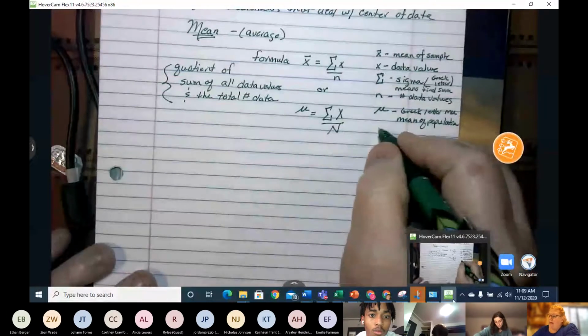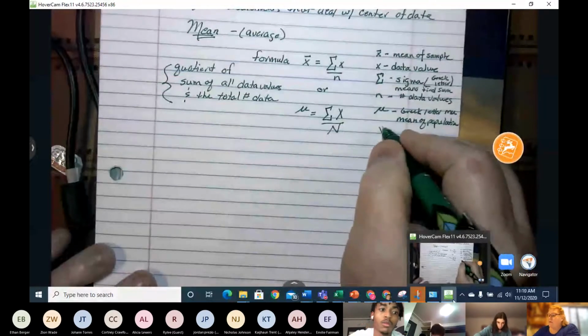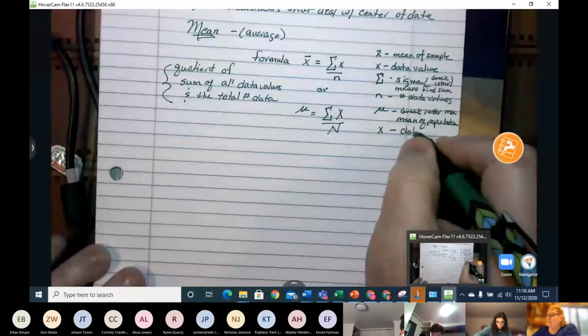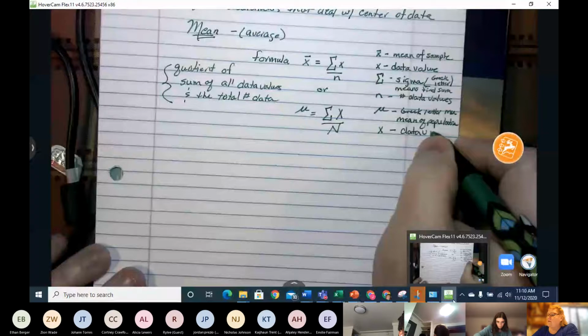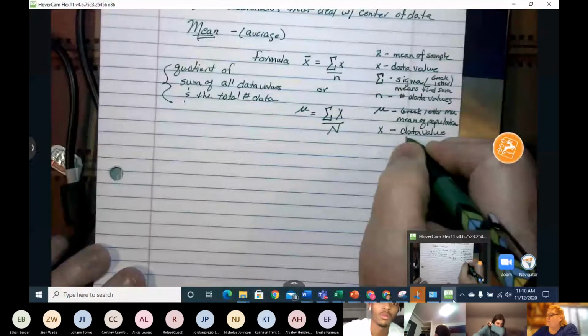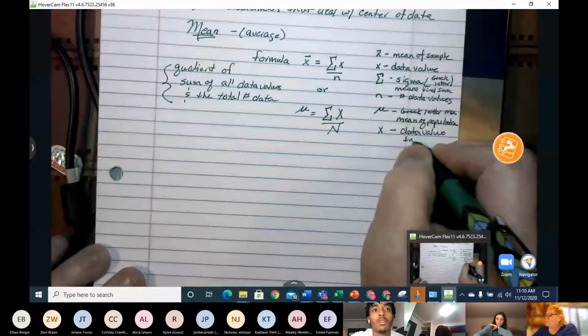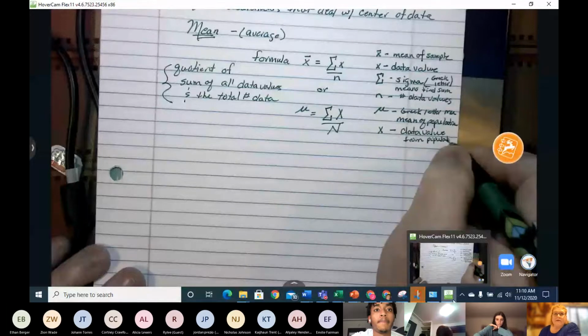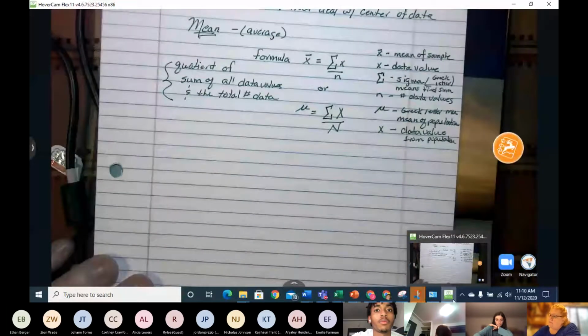The capital X is referring to data from the population. It's a capital letter instead of a lowercase letter.